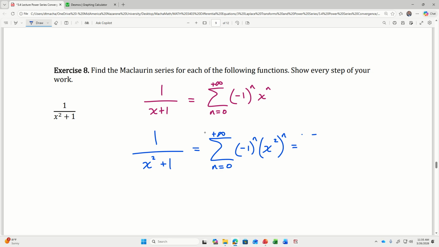All you have to do is look at your function and say, all I'm doing is I'm replacing x with x squared. So let me go to my power series, and I will just replace x with x squared.